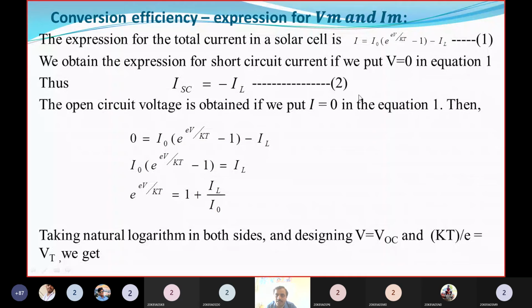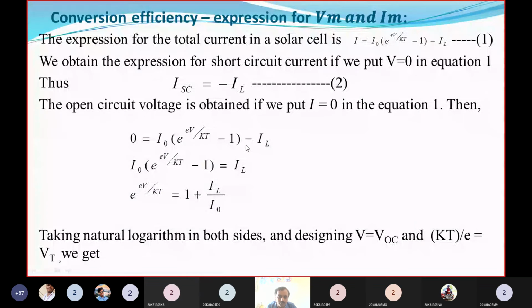So we put I equals 0: 0 is equal to I naught into e power EV by KT, where V is VOC, minus 1, minus IL.